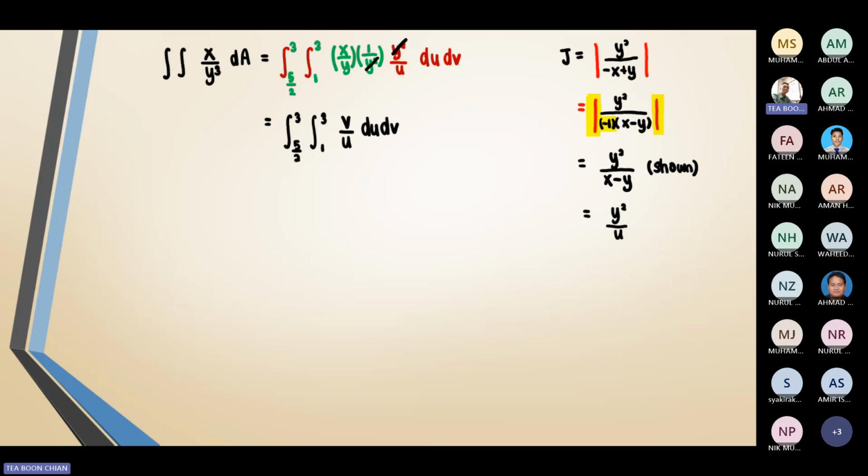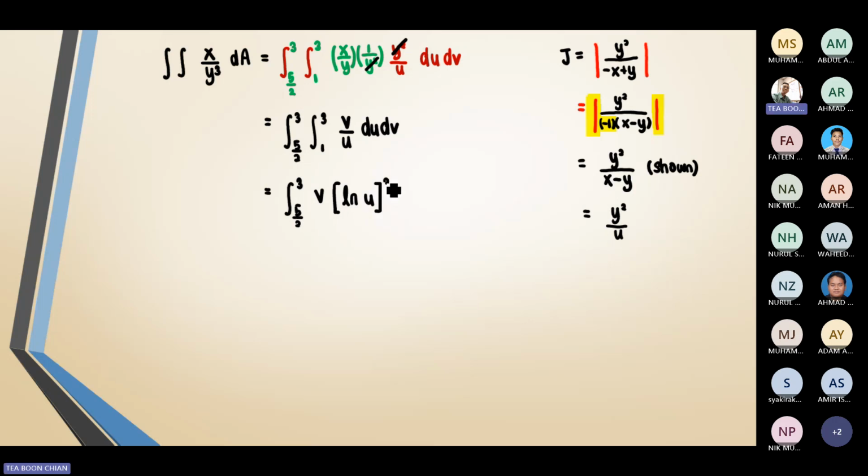Now this computation should be straightforward and easier now, because you have reduced and transformed all the terms into u and v. Now integrating with respect to u, remember 1 over u is integrated into ln u. So v not related, put aside, integrate 1 over u, you obtain ln u.